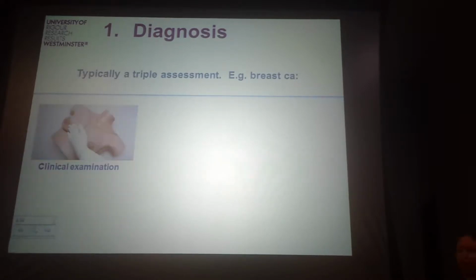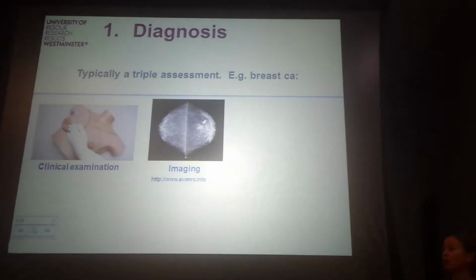For example, clinical examination on its own won't tell you whether or not a patient has got cancer. There needs to be an additional molecular or cellular approach. However, in order to get a diagnosis of cancer, the first step would normally be a clinical examination or some sort of imaging.